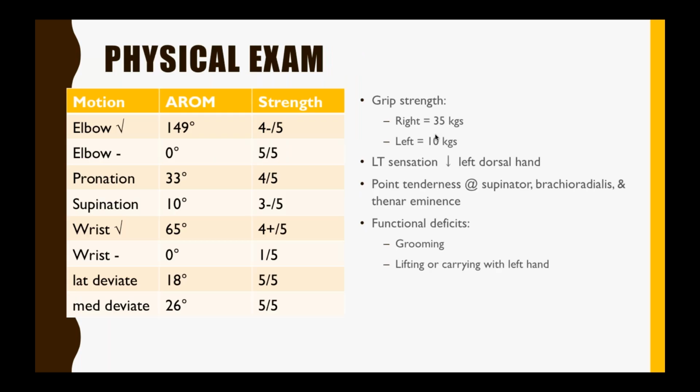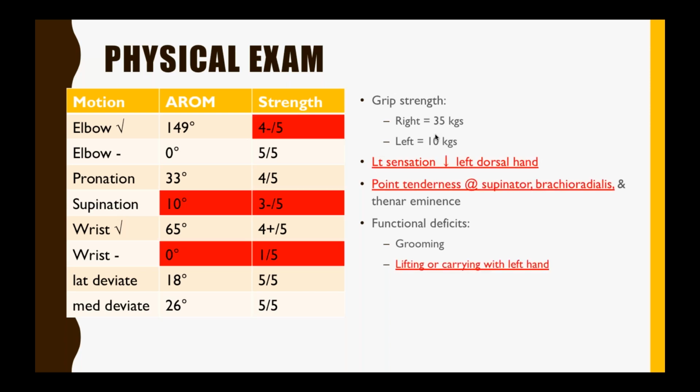So here is a summary of her clinical exam findings, and we can see that she had some deficits. Her diagnosis, again, remember, was radial nerve injury, and she did have deficits in radial nerve innervated muscles distal to the elbow. She had elbow flexor strength slightly weak from the brachioradialis.